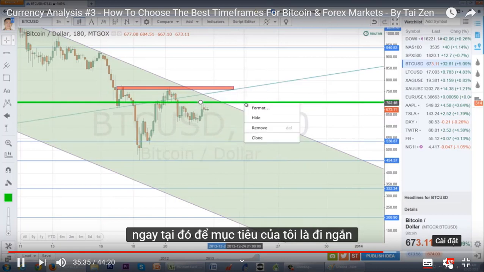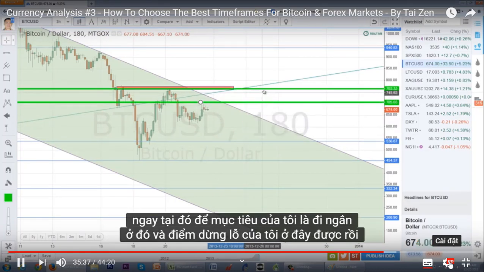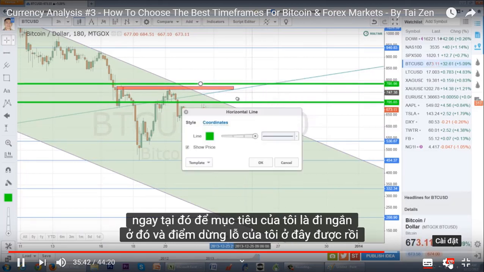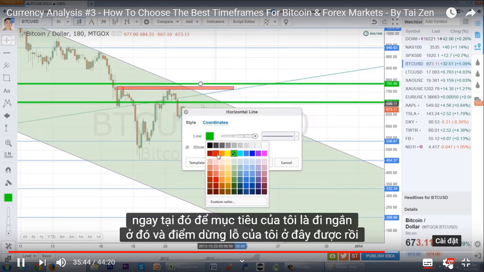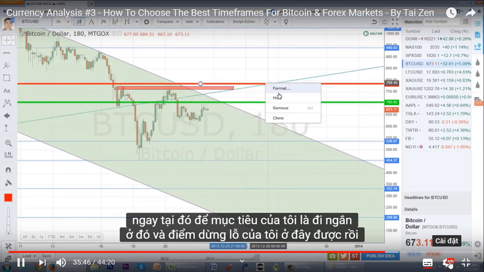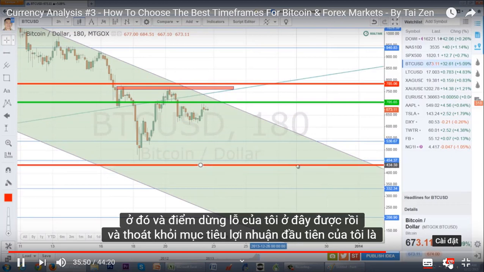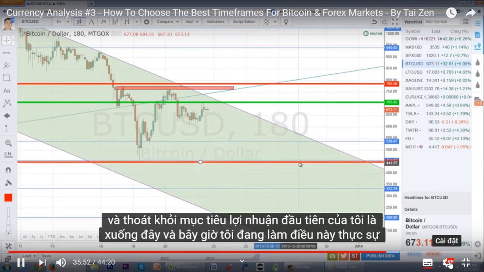So my goal is to go short there, and my stop loss is up here, okay? And my first profit target is down here.